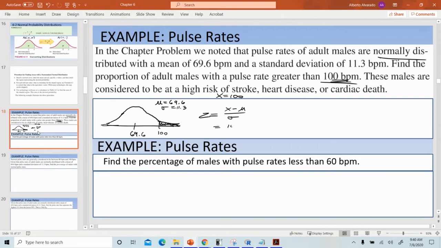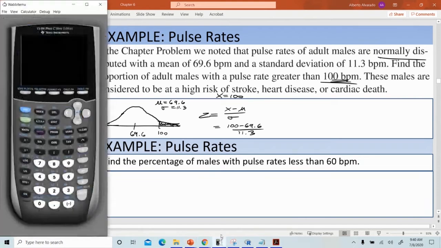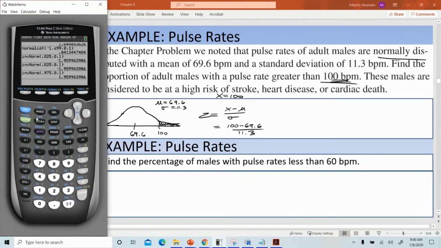So I'm going to do 100 minus the mean, 69.6, divided by the standard deviation. We'll do a quick calculation of that. Okay, so 100 minus 69.6, divided by 11.3. That gives us 2.69.